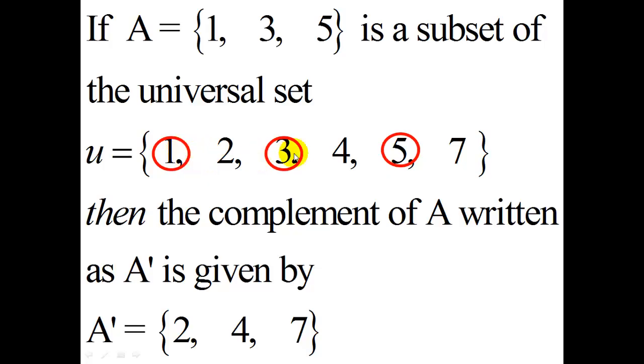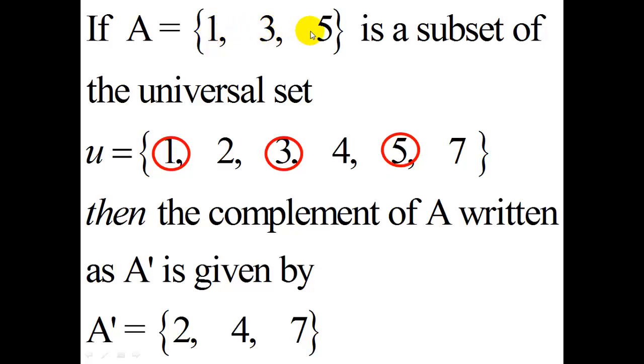However, there are some elements that belong to the universal set U but do not belong to A. And the elements are 2, 4, and 7.